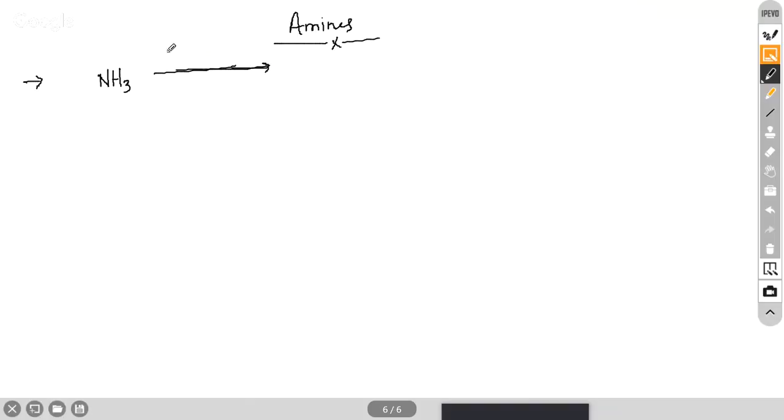Okay. Anyways. See, this is ammonia, right? NH3 is ammonia. And when I replace one of these hydrogen atoms by any alkyl group like this, RNH2, then we call it amine or 1-degree amine.